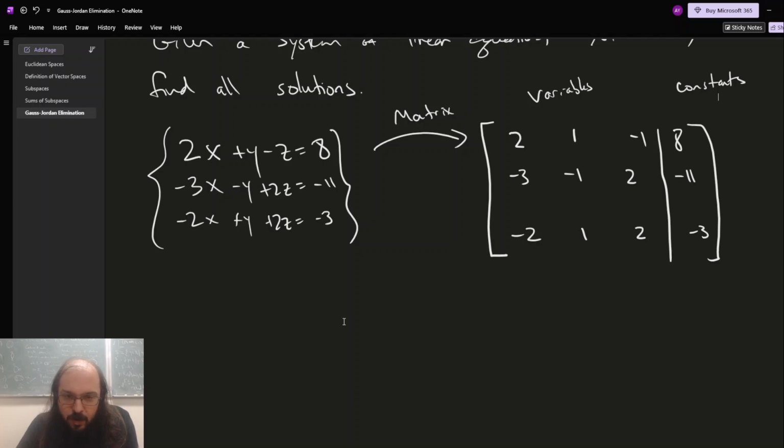And now we have to think about what it means when a system of equations is solved. Well, a solution will always look like x equals something, y equals something, z equals something.